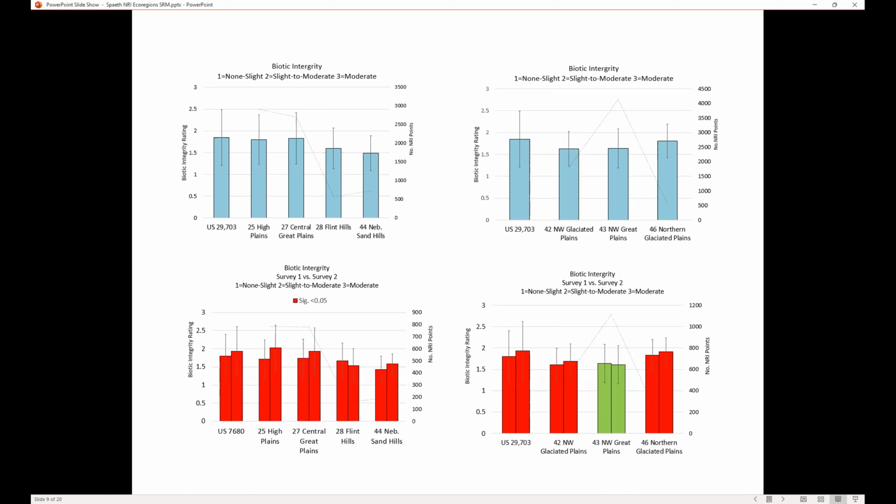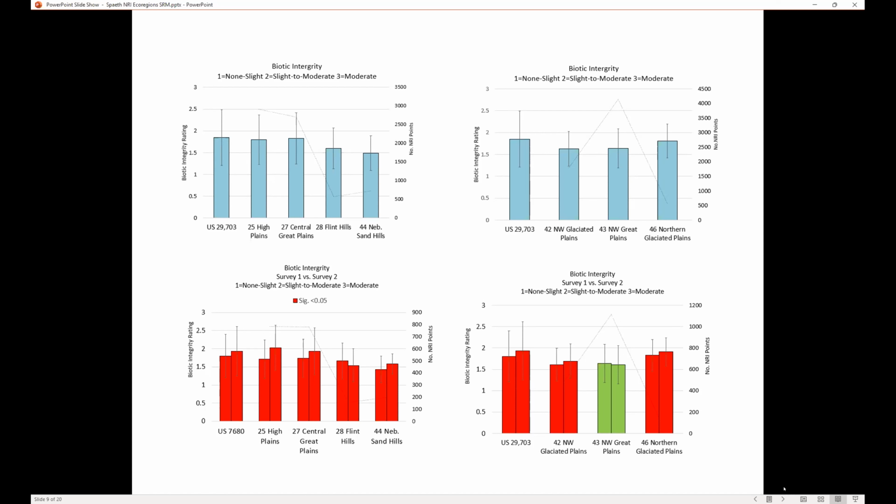And so for the High Plains and the Central Great Plains, the situation was moving more toward a moderate or slight to moderate departure from the first visit. The Flint Hills, actually, the situation got a little better. In the Nebraska Sandhills, again, the trend is starting to move more toward slight to moderate. And then you see the same types of data for the Northern Great Plains.